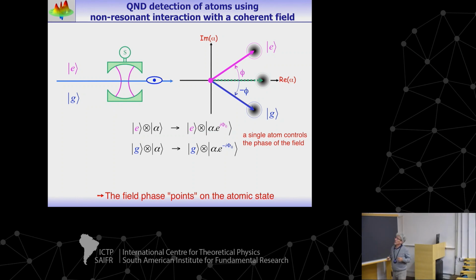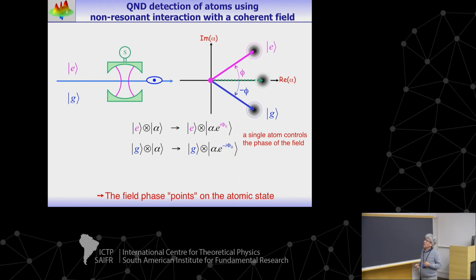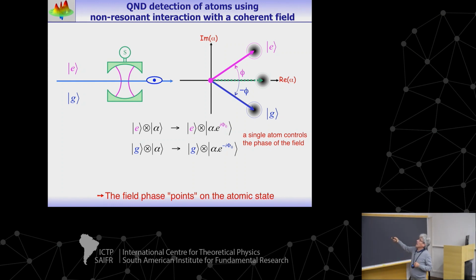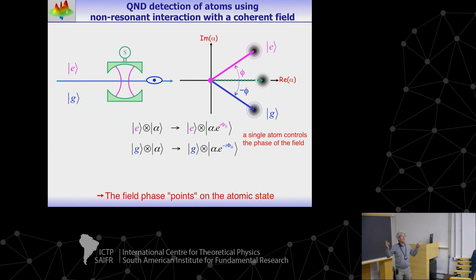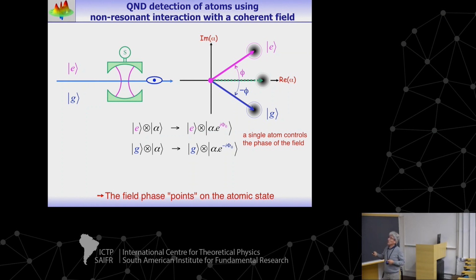This is a well-known result for two-level systems, which means that the phase shift induced by an atom in G is just the opposite of that in E. And you see that as soon as the phase shift is larger than the fluctuations, you get two distinguishable directions for the needle of the meter. So as soon as the atom produces a phase shift larger than the phase uncertainty of this state, you have built, in principle, a good meter of the atomic state.